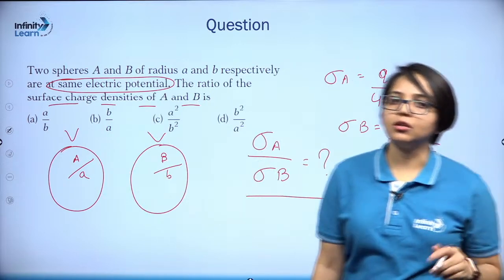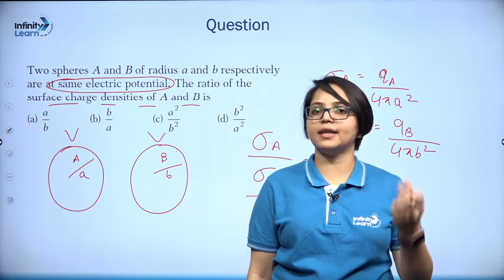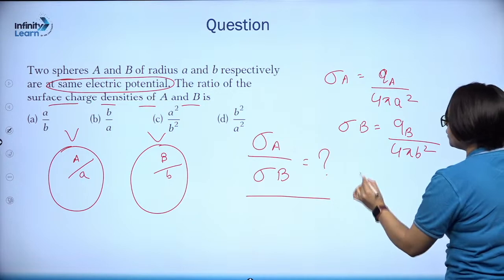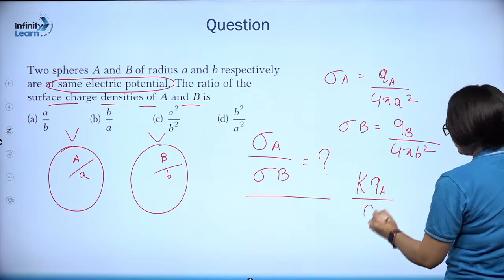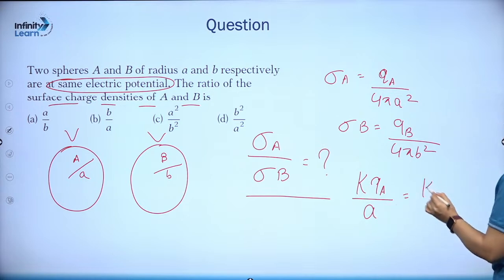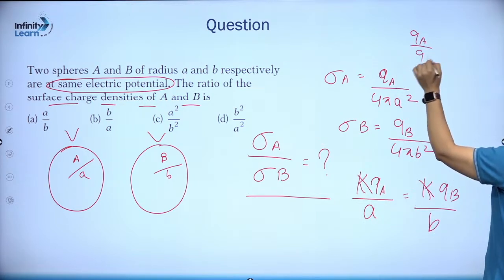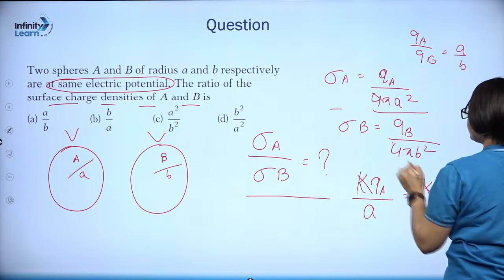What is potential on the surface of a sphere having some charge Q? It is KQ upon R, right? So for sphere A, it will be KQA upon A, and for sphere B it is KQB upon B. So over here you will get QA upon QB as A upon B. Now divide it, beta, 4 pi cancel.